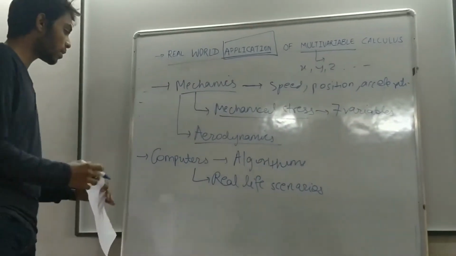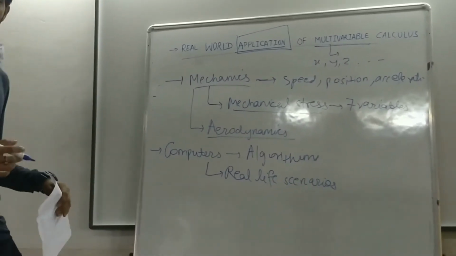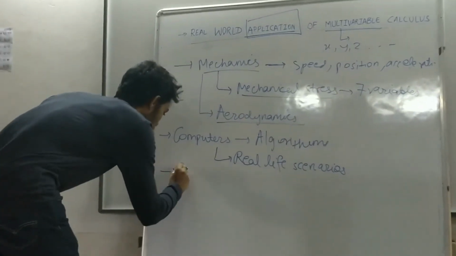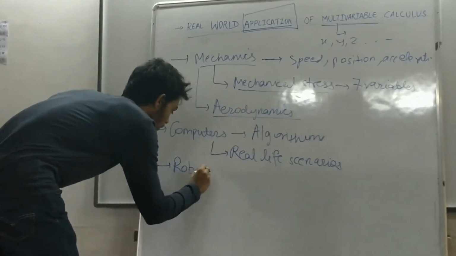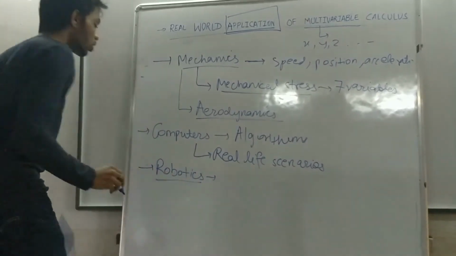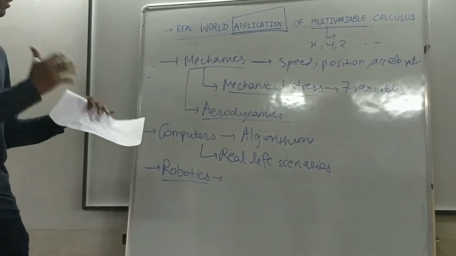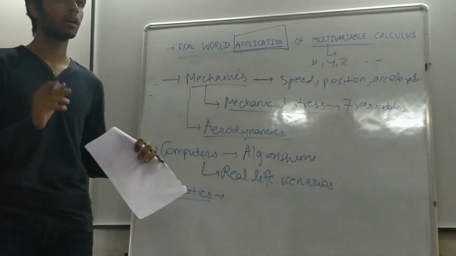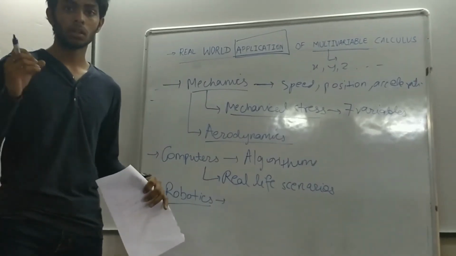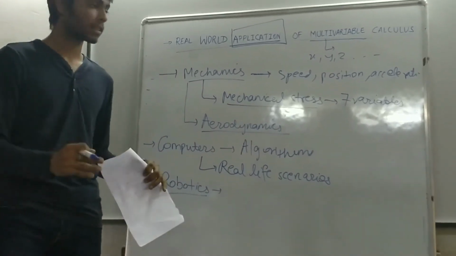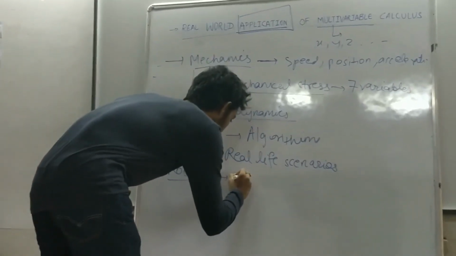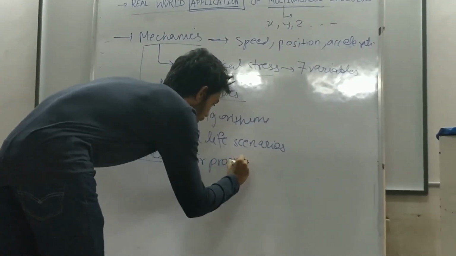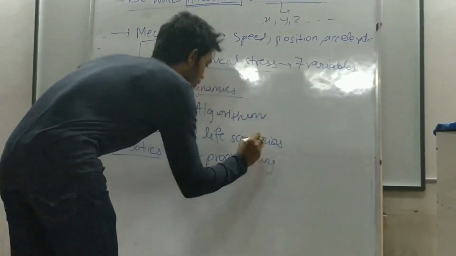So, also as I talked about virtual reality and artificial intelligence, multivariable calculus will definitely be used in robotics. It's used in programming for robotics, so multivariable calculus will be used in giving the program information about multiple things such as position, the location, and speed and acceleration and all that stuff. So I'll just write programming.